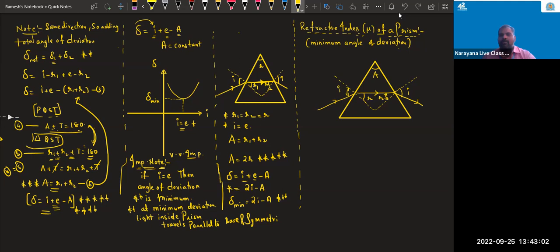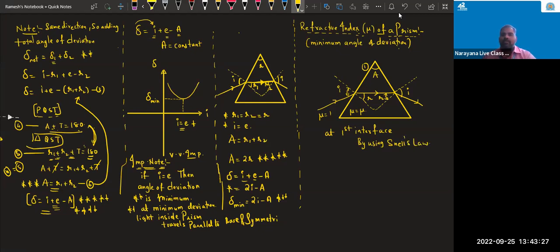Here the refractive index is 1, and here the refractive index is mu. This is the first interface. Shall I write at the first interface using Snell's law of refraction? What is Snell's law?